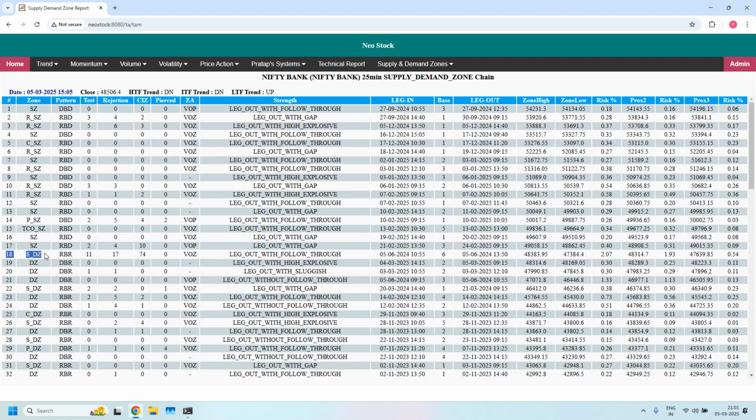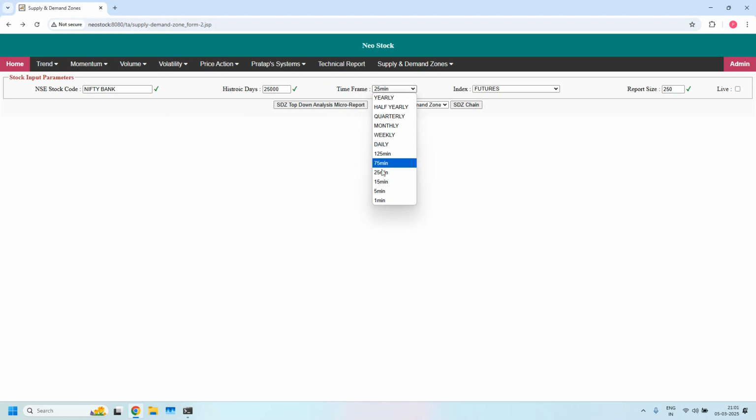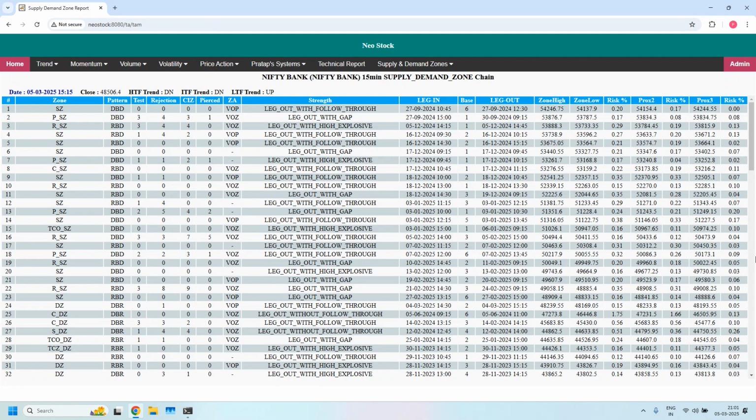Again, 18th is the nearest demand zone, 25 minutes demand zone to the current closing price. Okay, next 15 minutes supply demand zone chain. Twenty-fourth is the nearest demand zone to the current closing price. Let me put it in the center.